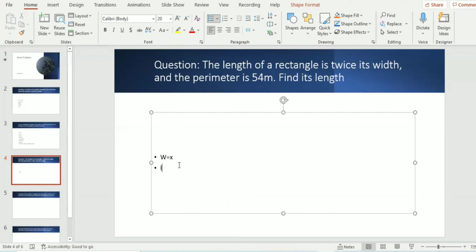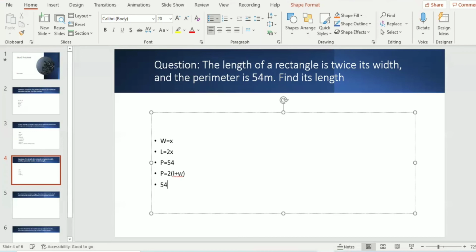So length is equal to 2x as width is equal to x, and the perimeter is 54, and we have to find its length. We already know the formula of perimeter for a rectangle, which is P is equal to 2 times (L plus W), length plus width.